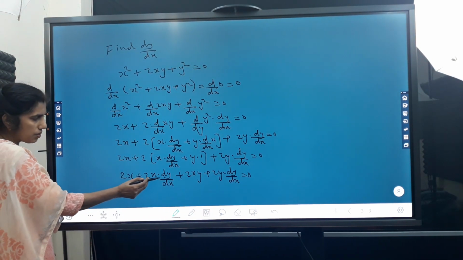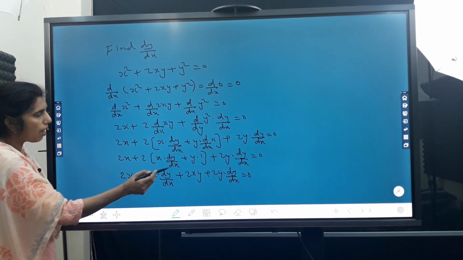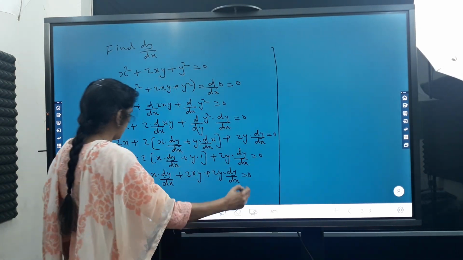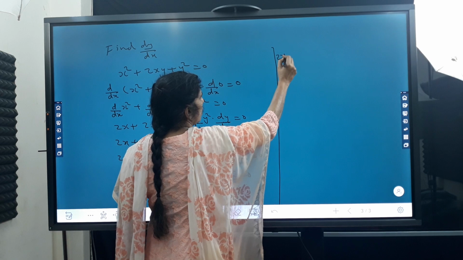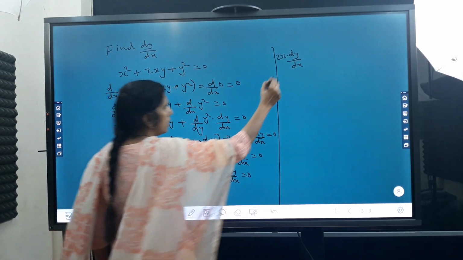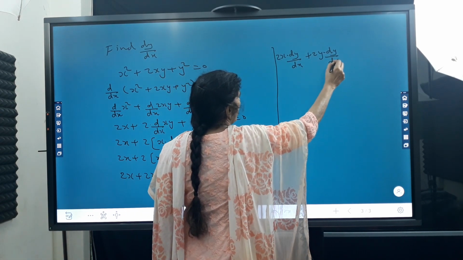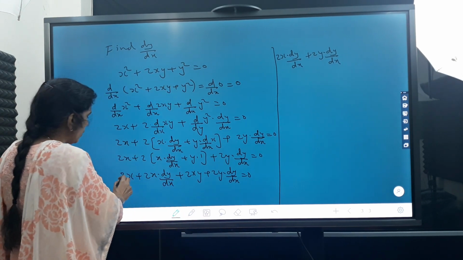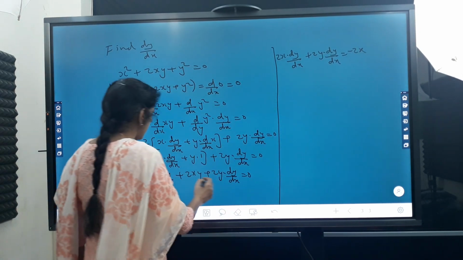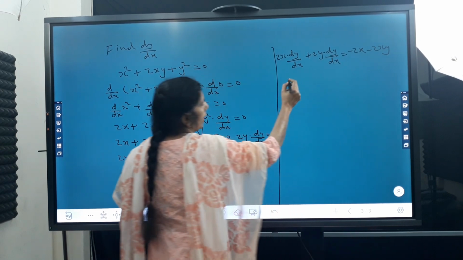Now we take the terms with dy by dx on one side and the terms without dy by dx on the other side. So we get 2x into dy by dx plus 2y into dy by dx equal to minus 2x minus 2y.